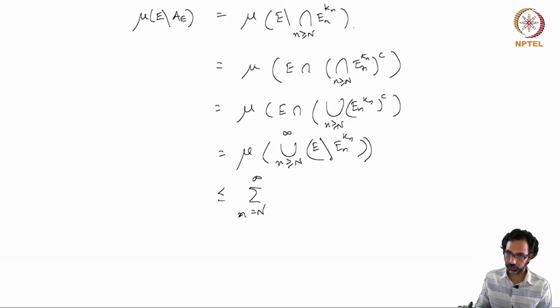So these are from capital N to infinity, the measure of E minus E_n,k_n, and each of them was less than or equal to 1 over 2 to the power n.